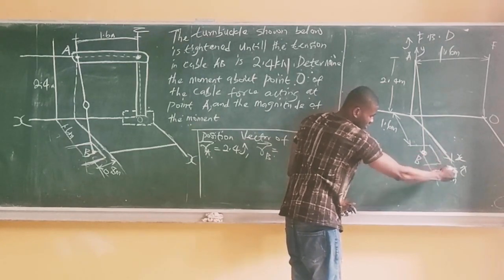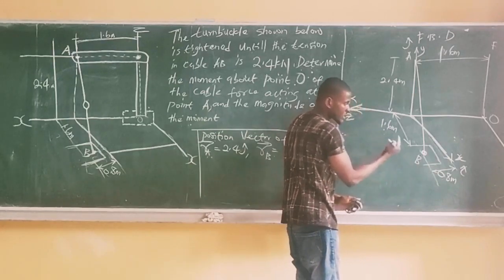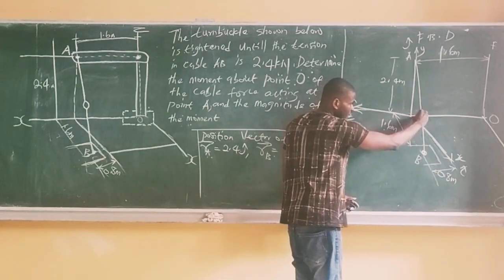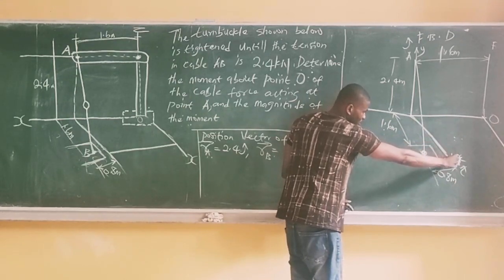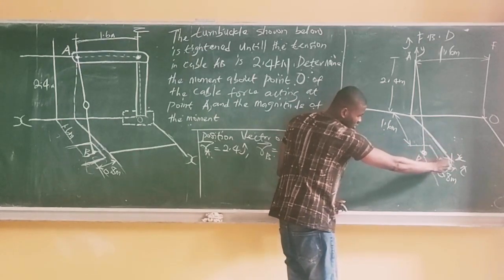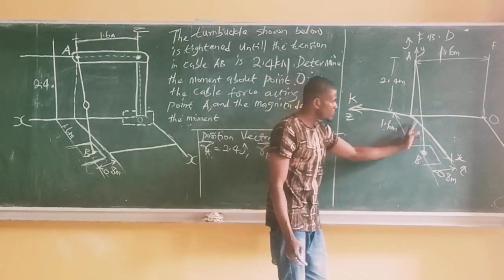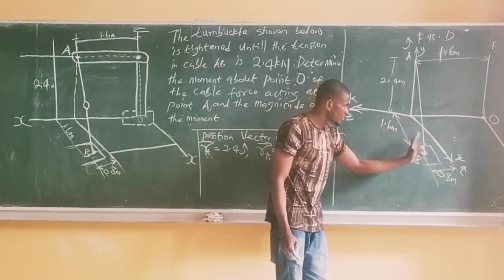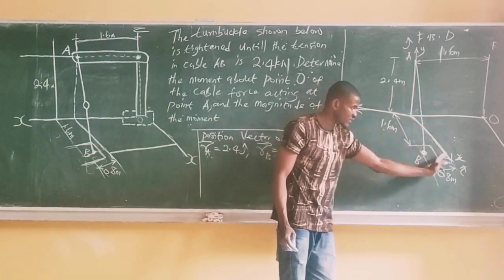Moving from this point to this point is 0.8 to locate point B. So to locate point B, move a distance of 1.6 in the i direction, and then move from 1.6 in the i direction down 0.8 in the k direction. Moving from the origin, we moved 1.6 in the i direction, positive, because it is the positive x axis.